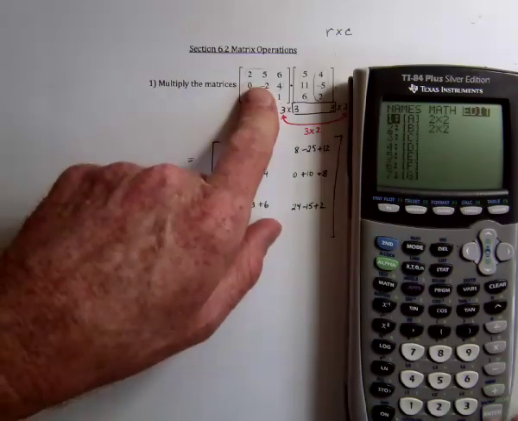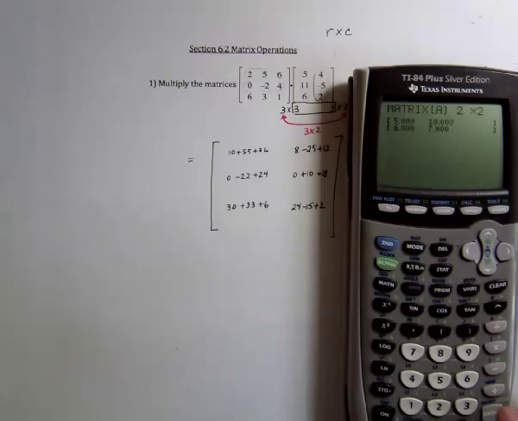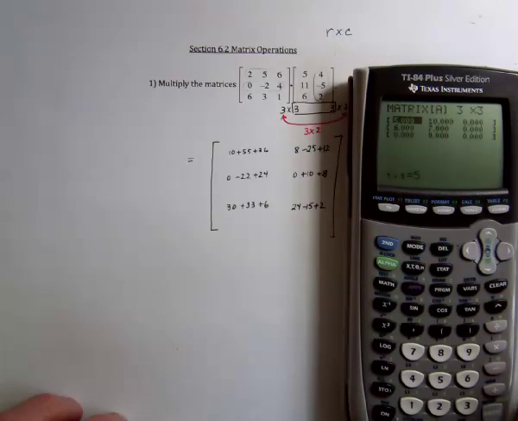And we'll call this one matrix A and this one matrix B. So first of all, matrix A is 3 by 3. So just hit enter each time. And now enter matrix A. So 2, 5, 6, 0, negative 2, 4, 6, 3, and 1. Okay, that looks entered correctly.